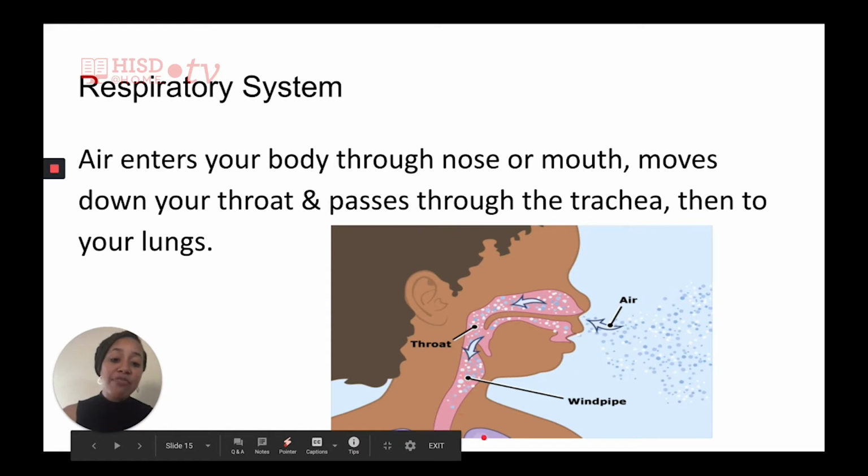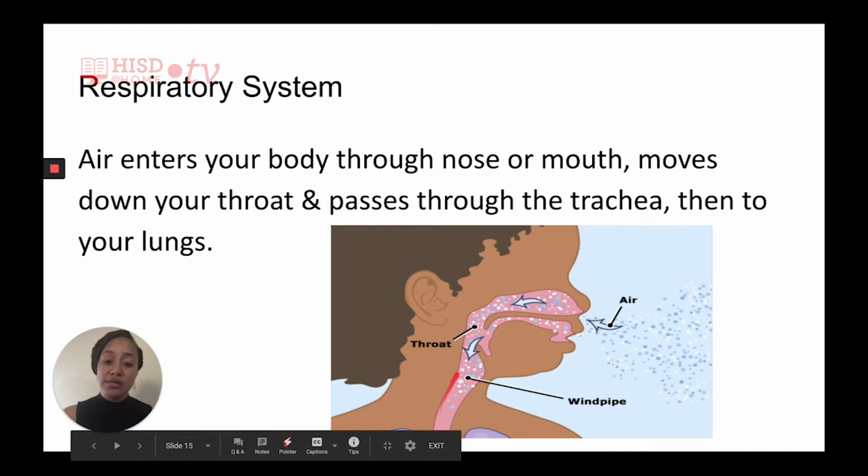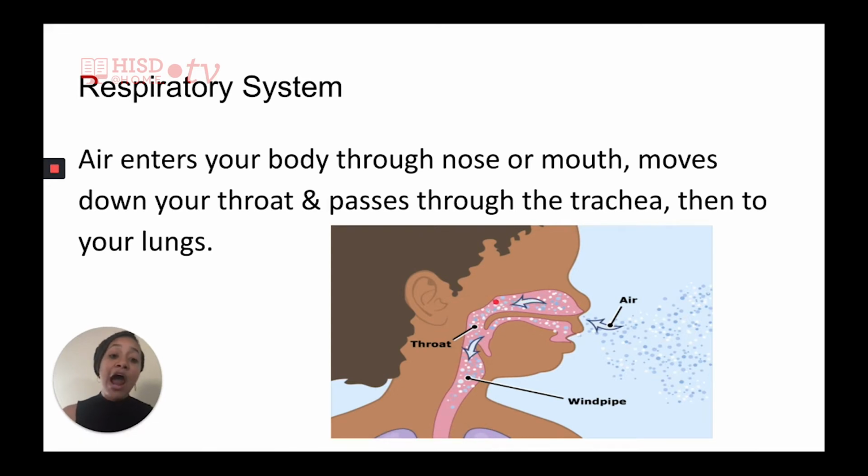And then from there, it goes to your lungs. So your trachea or windpipe is what connects your mouth and your nose to your lungs. So this pipe right here, the windpipe, is what's connecting this purple area, which represents our lungs, to our mouth and nose area.